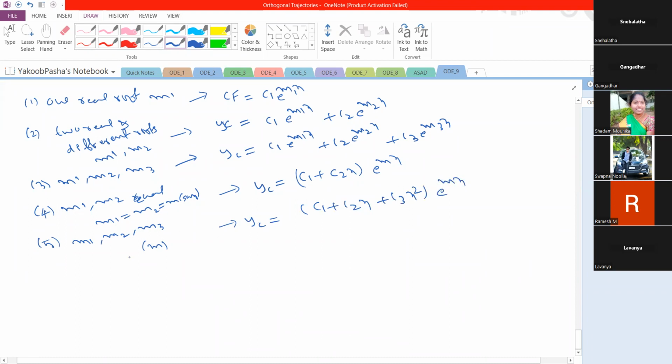Like that, for four repeated roots, m1, m2, m3, m4, the common value is m. So yc is equal to (c1 + c2 x + c3 x² + c4 x³) e^(mx).